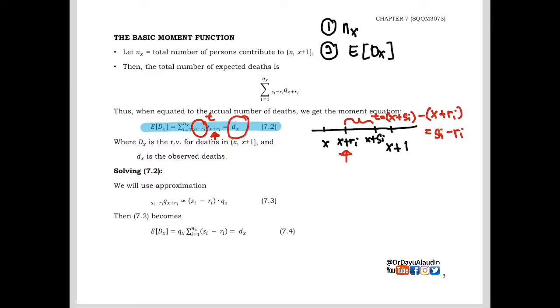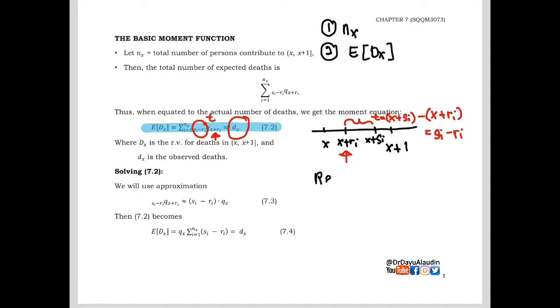By using the approximation for fractional age, where x is not an integer, it can be 0.2 and t can be 0.8, for example.